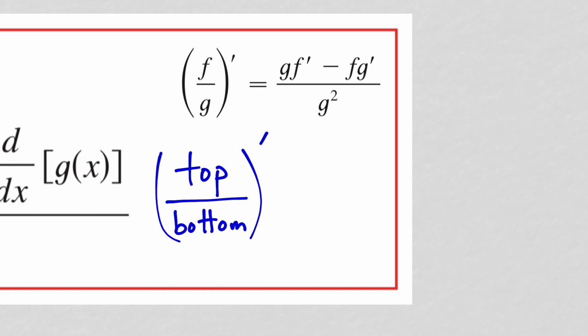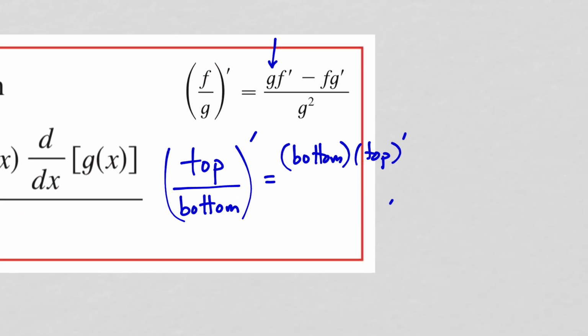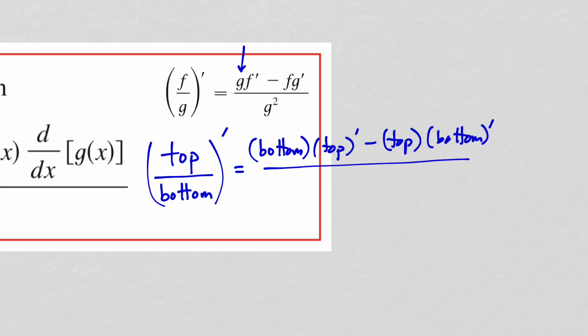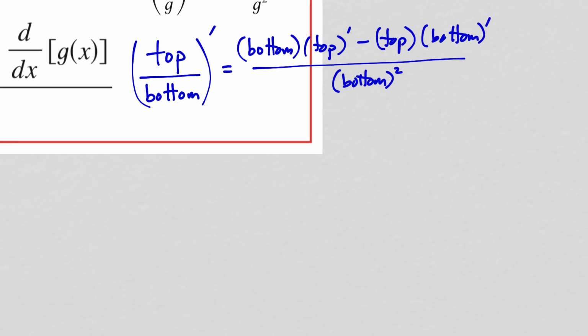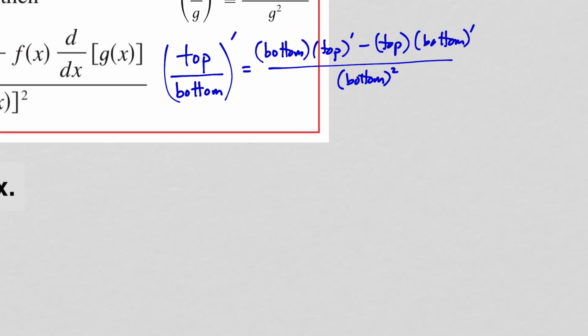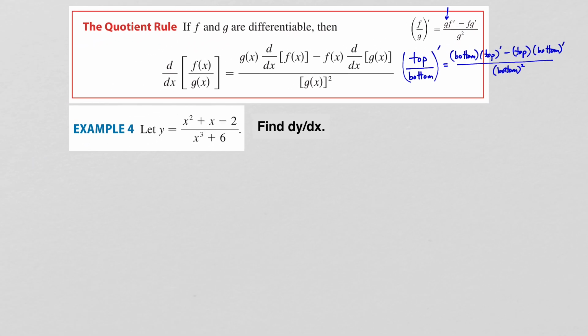And when I go to take the derivative, this formula says I take the bottom function and I multiply it by the derivative of the top function minus, then I take the top function and I multiply it by the derivative of the bottom function, and then I divide that by the bottom function squared. I think when you say it like this, it stays with you longer than if you say it with f and g. But how you remember it is completely up to you.